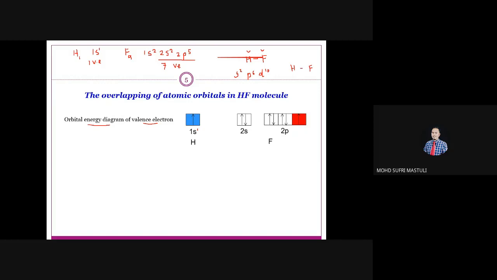For the fluorine, we know it has 7 valence electrons: 2s2, which is full, up and down, and 2p5.